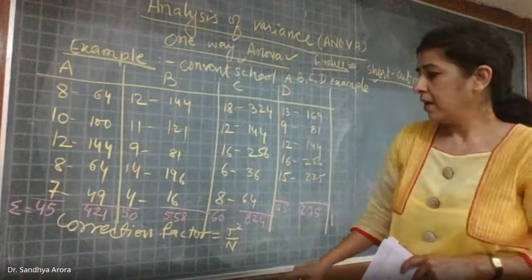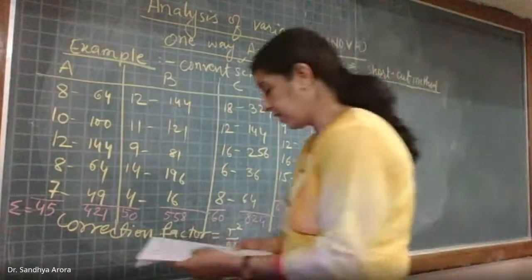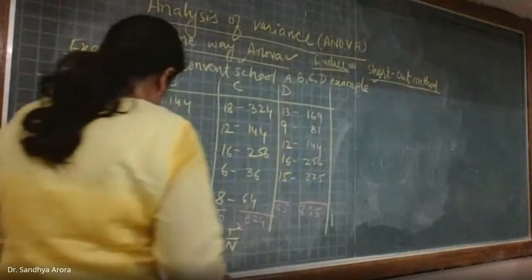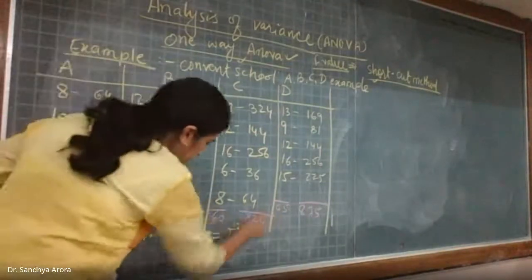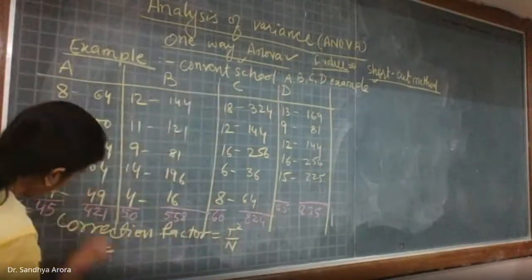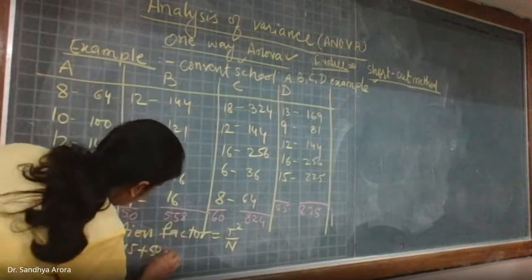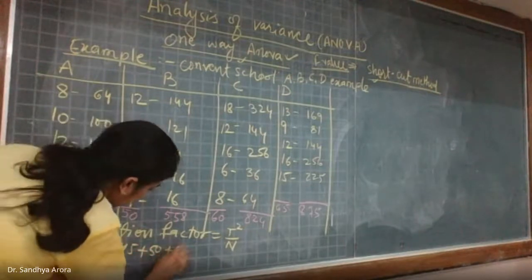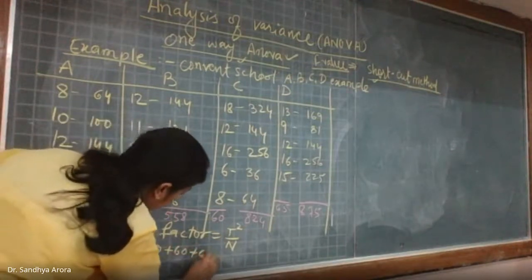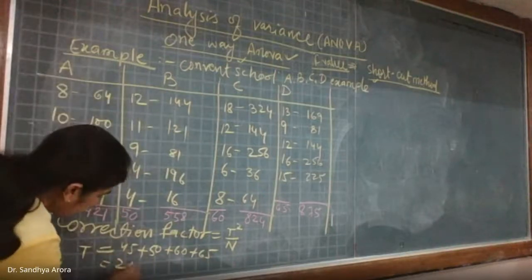Okay. Now, how will you calculate this correction factor? Correction factor is based on the sum of this, this and this. That is the sum of 45 plus 50 plus 60 plus 65, which will be 220. So this T is 220.